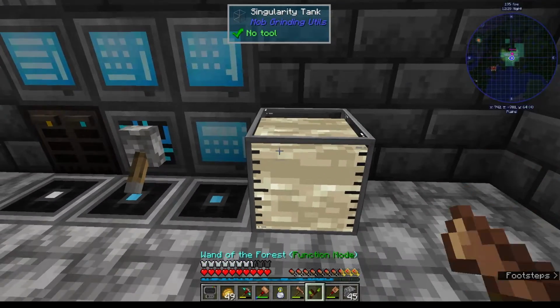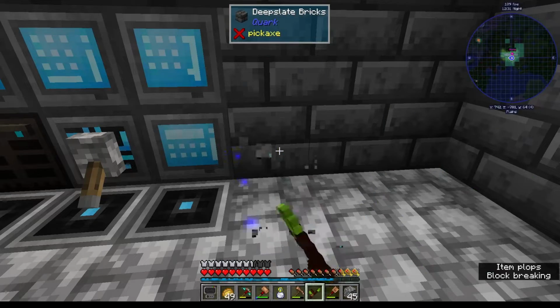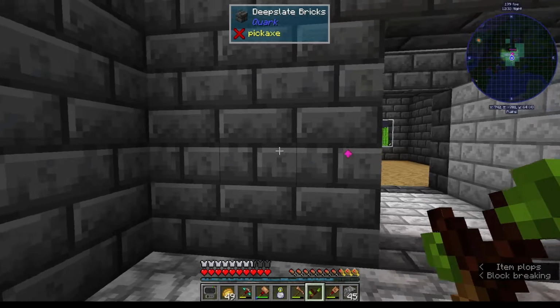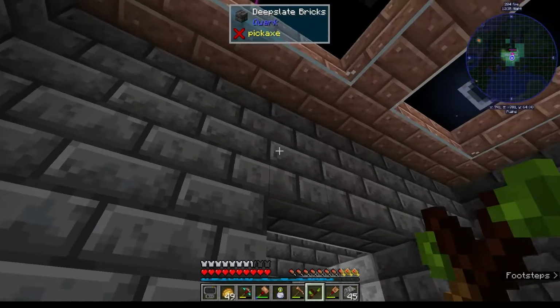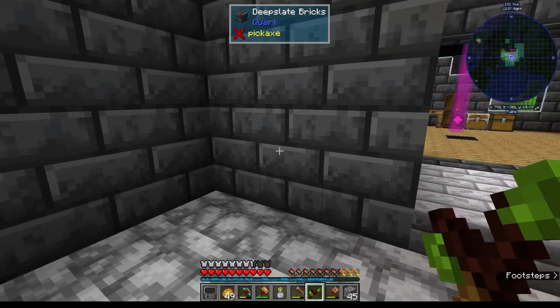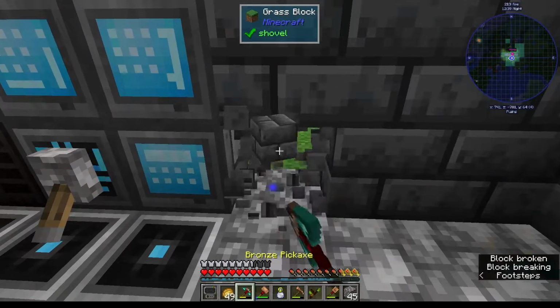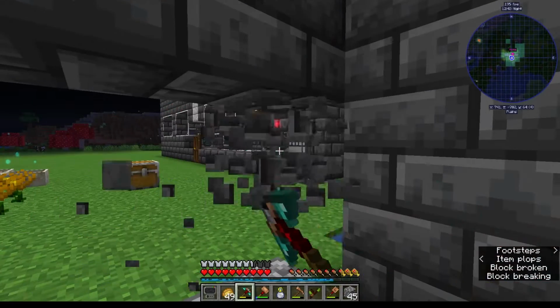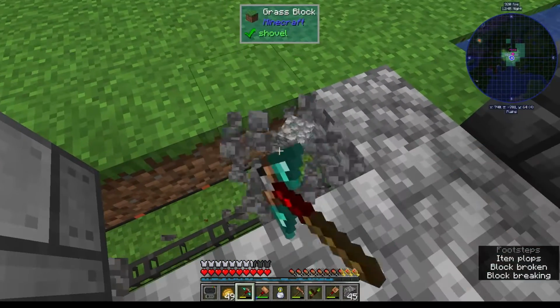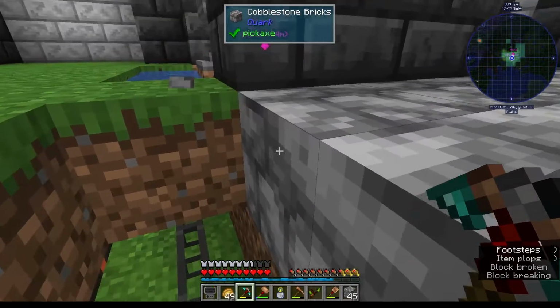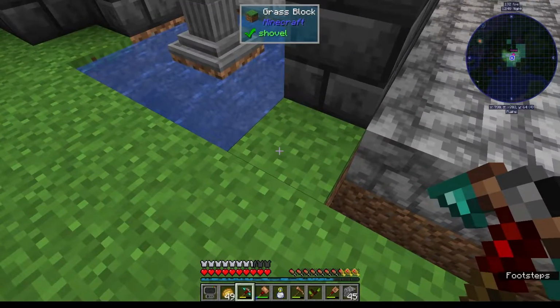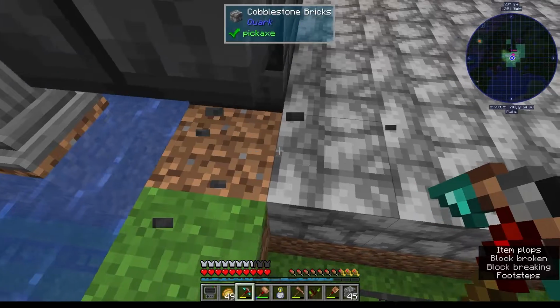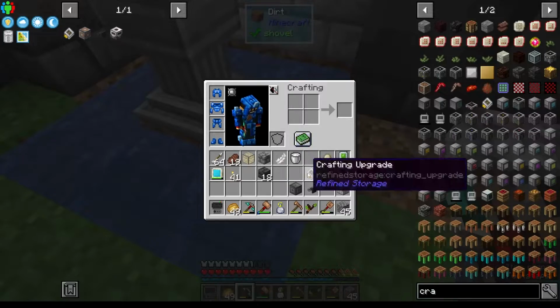So what I'm thinking is I'm going to basically put these just kind of up the wall, and we'll cover the wall in crafters at some point in the future. So where are we? And where is system? System goes all the way over here. And when I break that, it's going to be a problem.